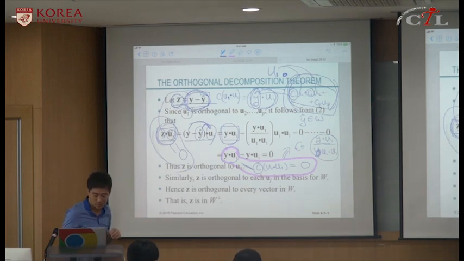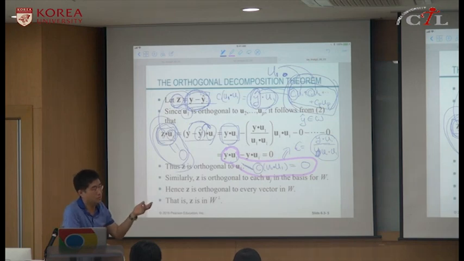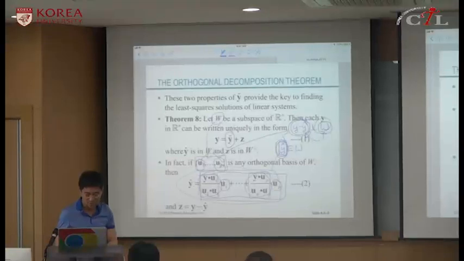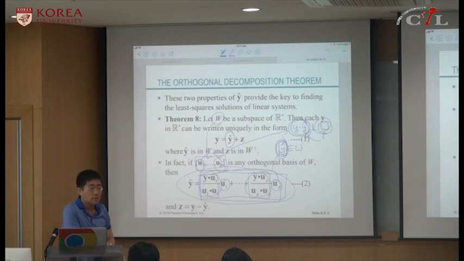So we obtain z dot u1 is 0, z dot u2 becomes 0, and so on. That gives us this linear combination representation, and thus this representation is our orthogonal projection onto the subspace spanned by more than one vector.